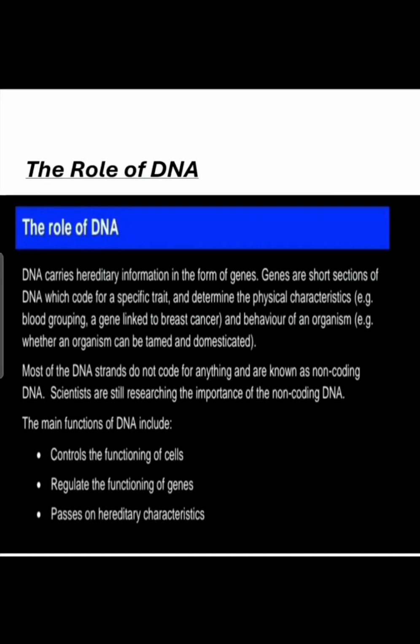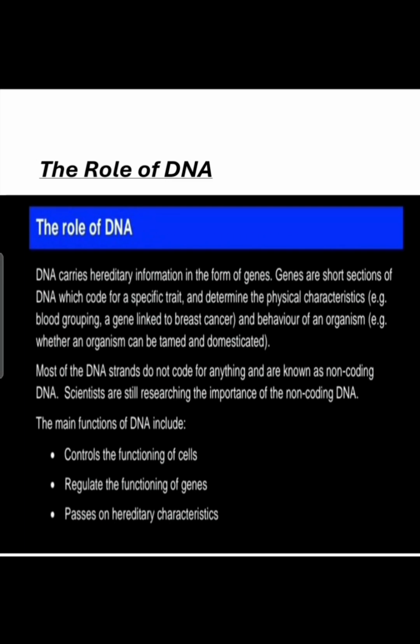We have learned so much about DNA. So now let's learn about what its role is. DNA carries hereditary information, meaning information from a parent to an offspring in the form of genes. So what are genes? Genes are short sections of DNA that code for a specific trait and determine physical characteristics.